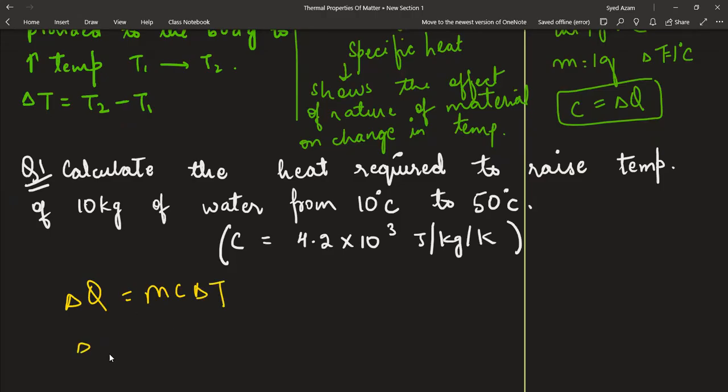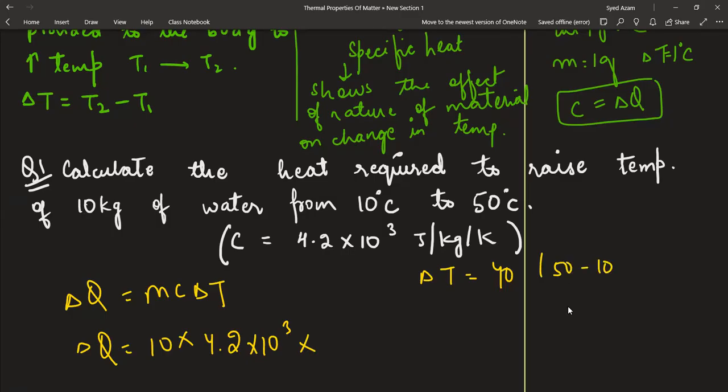Now, you tell me what is M given in the question? 10. Specific heat is given as 4.2 into 10 to the power 3. What is the change in temperature, Aleena? 40. It is 50 minus 10, correct.